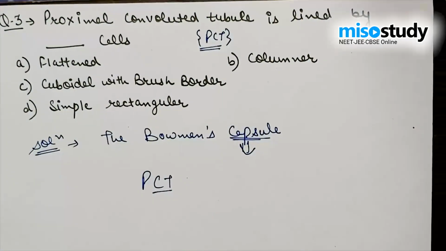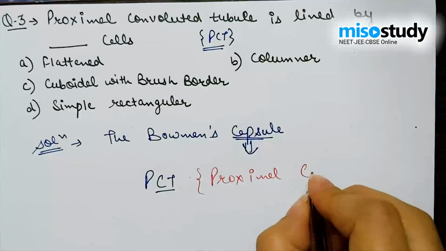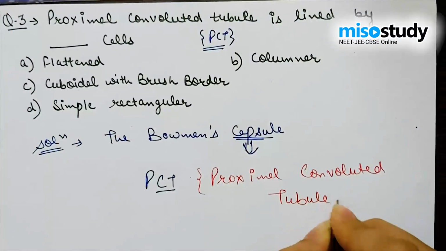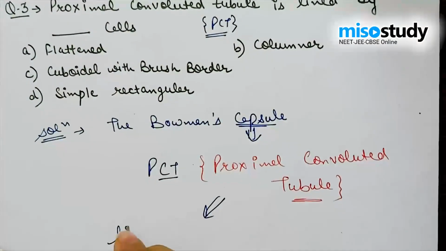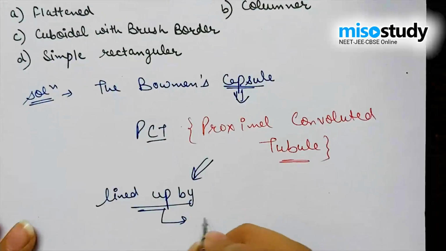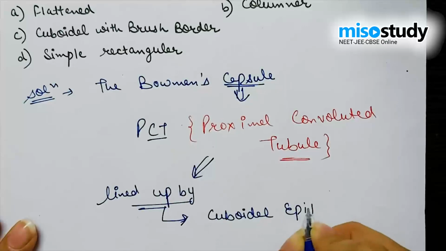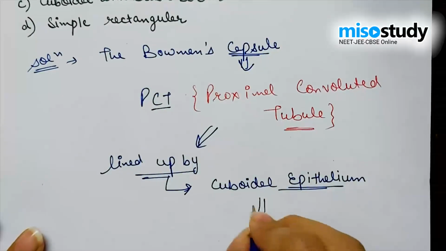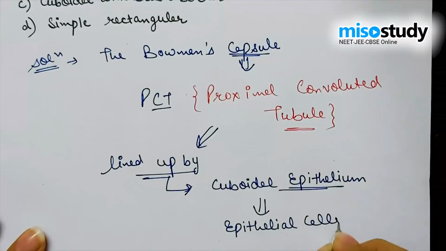The PCT is lined by cuboidal epithelial cells.